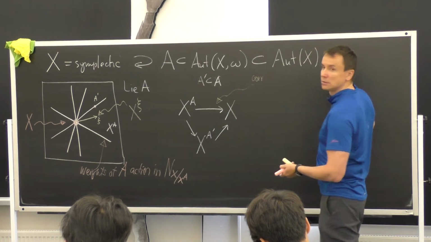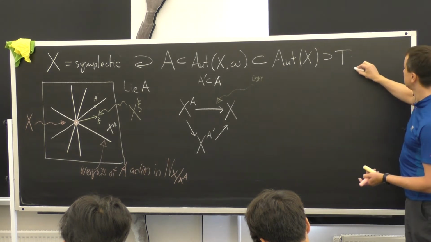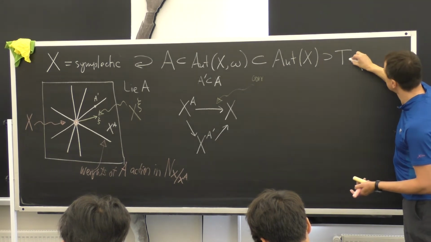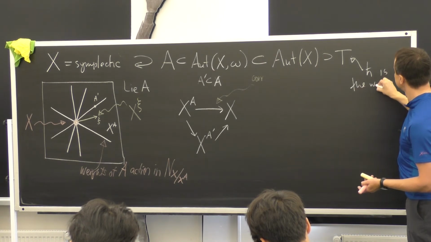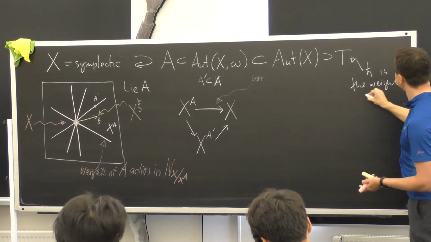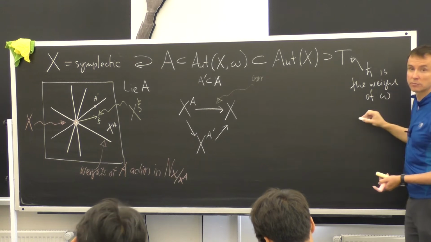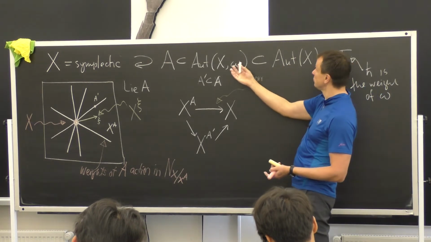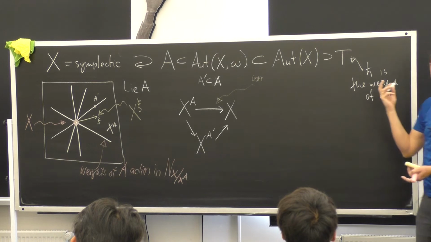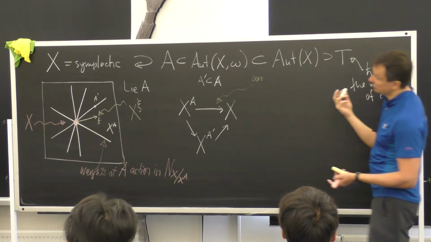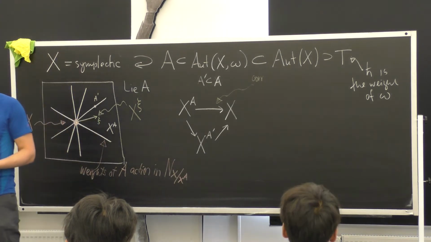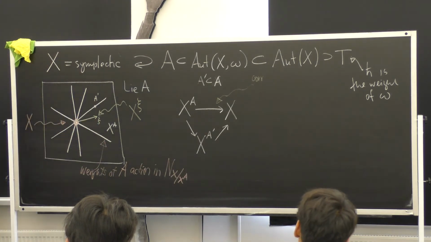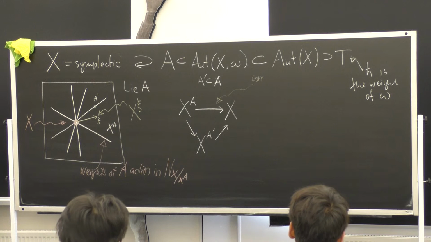There's a weight of this torus, h bar, which is the weight of the symplectic form. So we want to do everything T-equivariantly, and therefore all the weights we'll see also have h bars there, and those are the shifts.